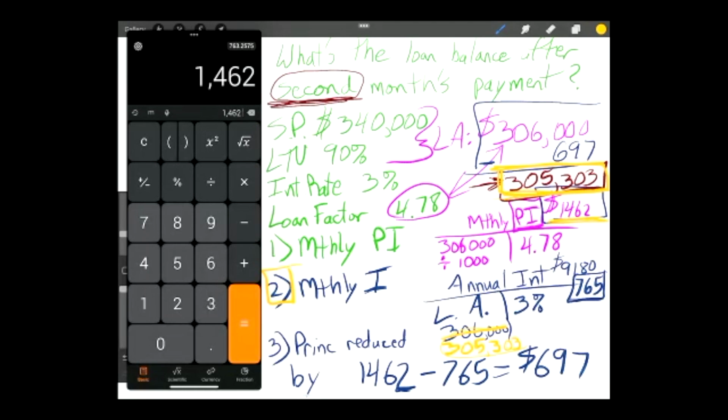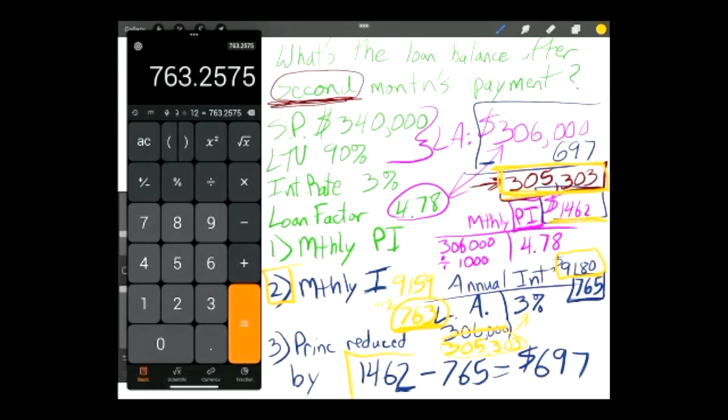We're going to multiply that by the 3%. And so instead of paying annual interest of 91.80 like we did after the first payment, this time it's 91.59, which means per month $763. That's how much interest we paid with the second month's payment.